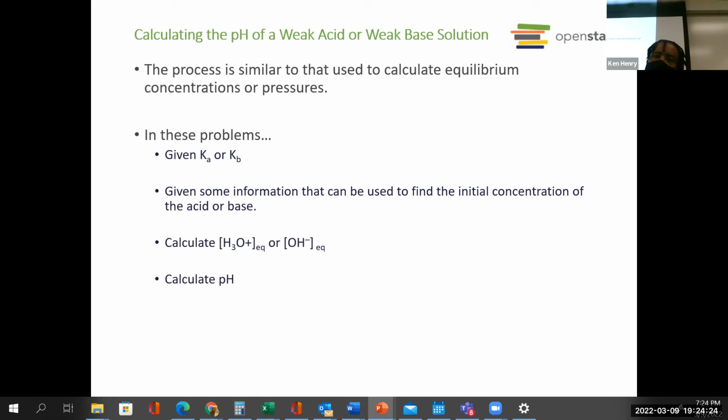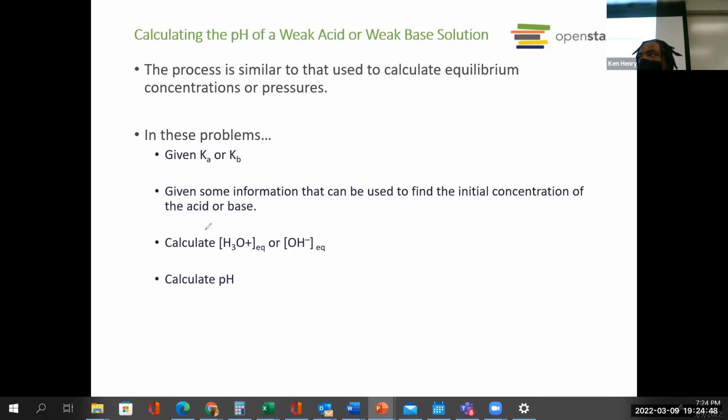So when we're trying to calculate the pH of a weak acid or weak base solution, these types of problems are typically going to give you your Ka or your Kb, and some information about the initial concentration of your acid or your base.